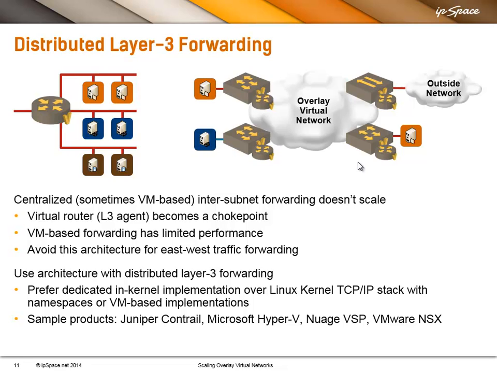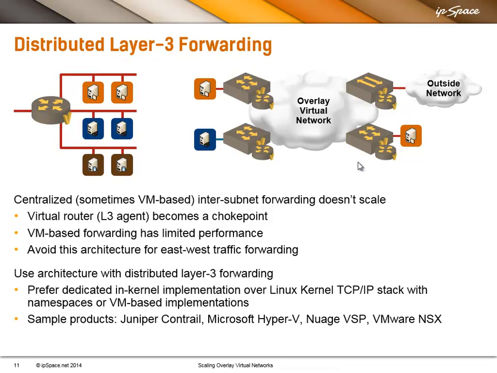You're usually limited to a few gigabits of forwarding performance through the Linux TCP/IP stack. On the other hand, we know that the latest releases of Open vSwitch easily push more than 10 gig through a Xeon server, and Open vSwitch doesn't really care whether you are doing layer 2 or layer 3 forwarding.